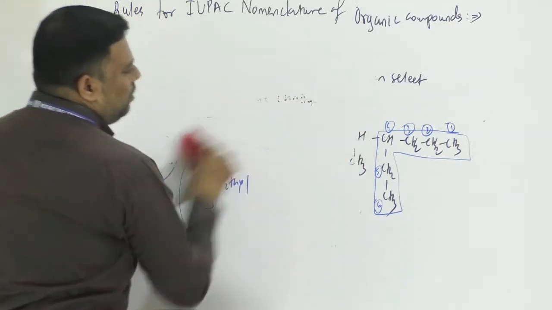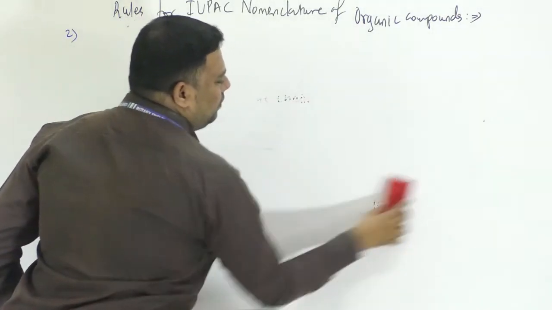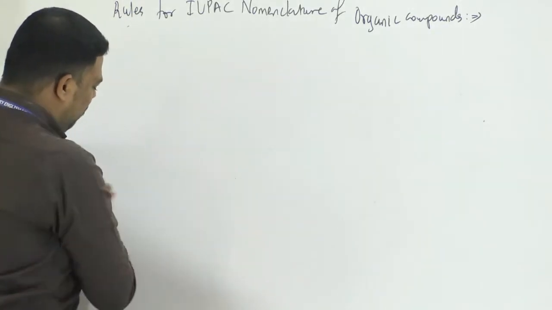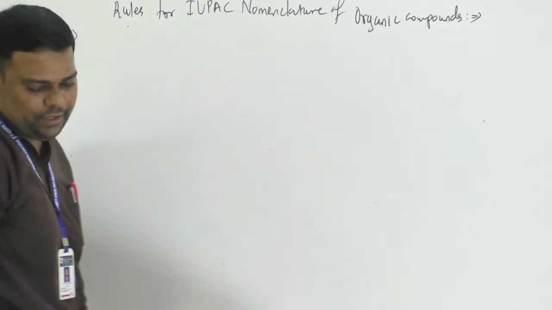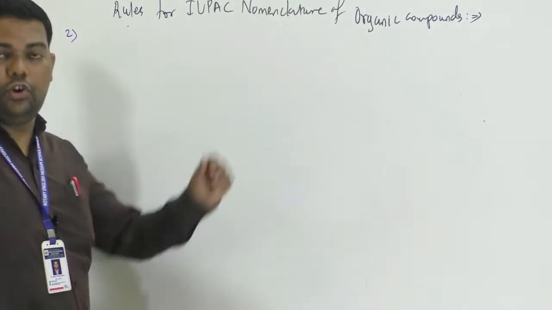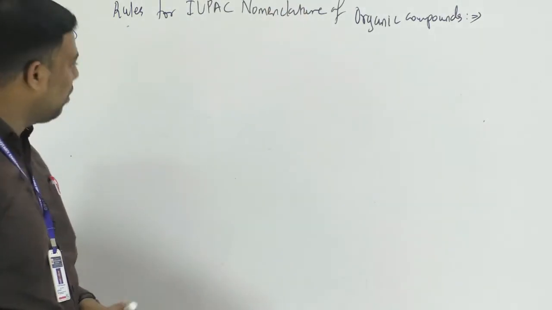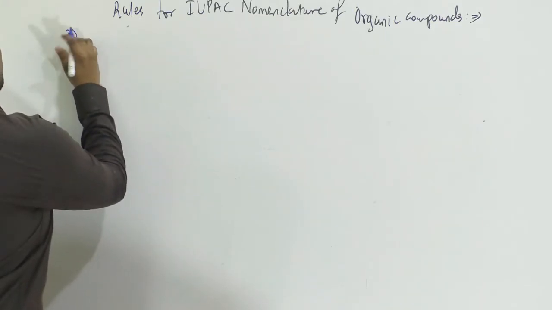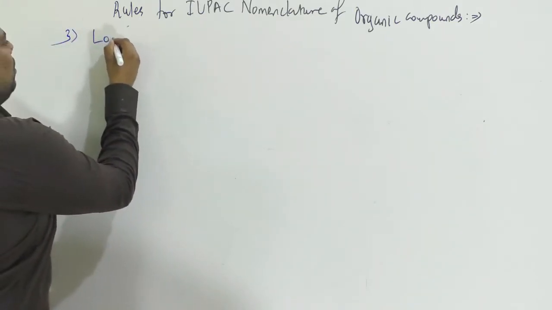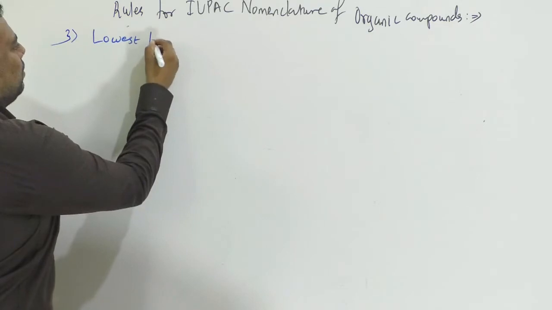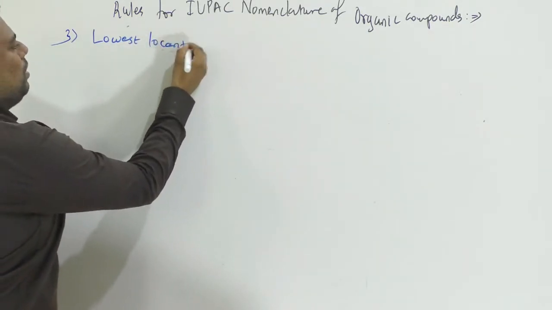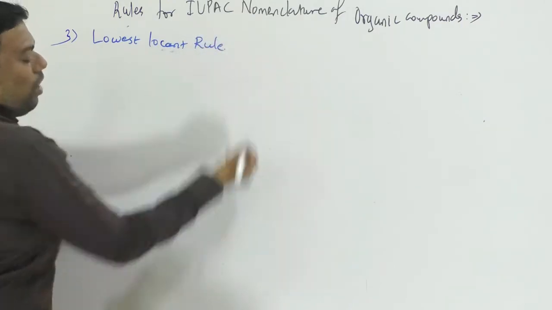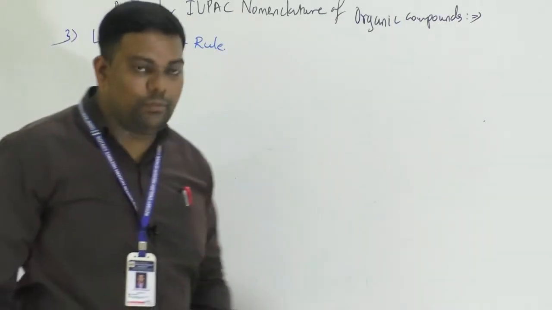Now the third rule we are going to discuss: the lowest locant rule, or we can say the lowest sum rule.